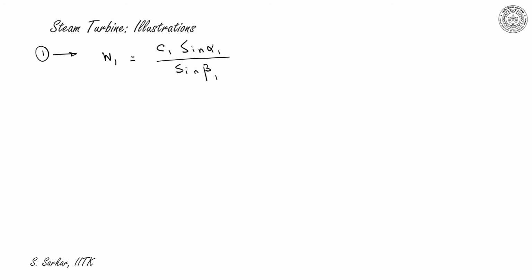If you put all the values, you will get W1 as 212.54 meters per second. After evaluating W1, I can get W2 as K into W1, which you will get as 170.03 meters per second.